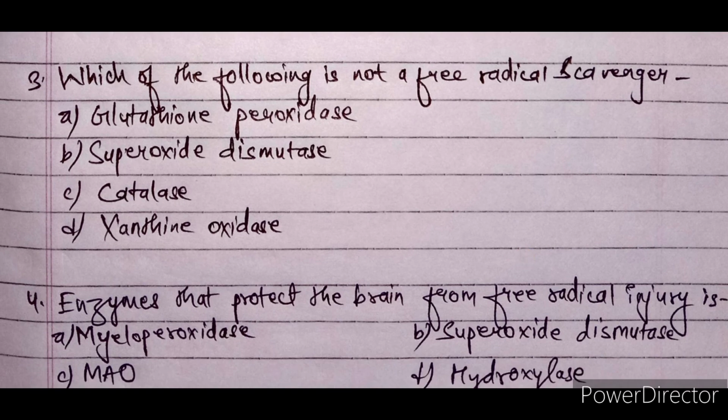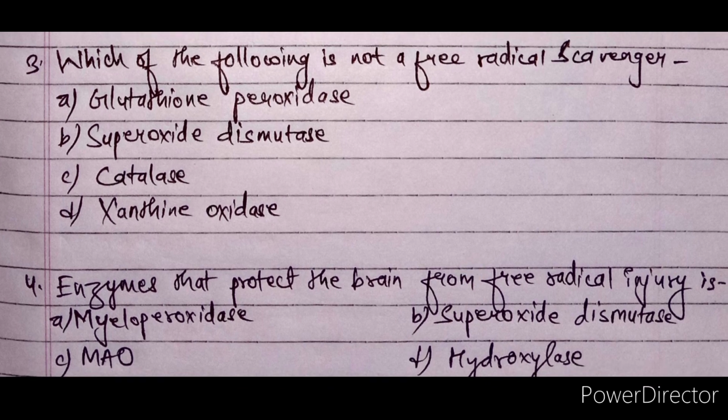Number 3rd question. Which of the following is not a free radical scavenger? A. Glutathione peroxidase. B. Superoxide dismutase. C. Catalase. D. Xanthine oxidase. So the fourth and last question is that enzymes that protect the brain from free radical injury is A. Myeloperoxidase.